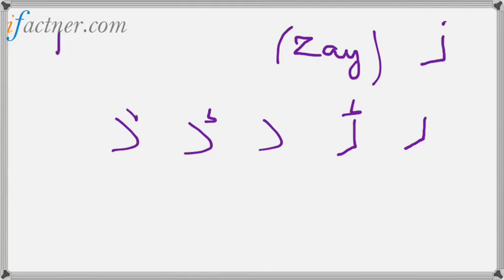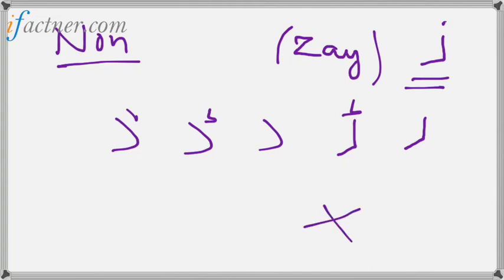It is a non-connector in the beginning of the word. That is, when a word starts with letter Z, then letter Z is never connected to the second letter in the word. Let's see how we use the letter Z in the beginning of the word.